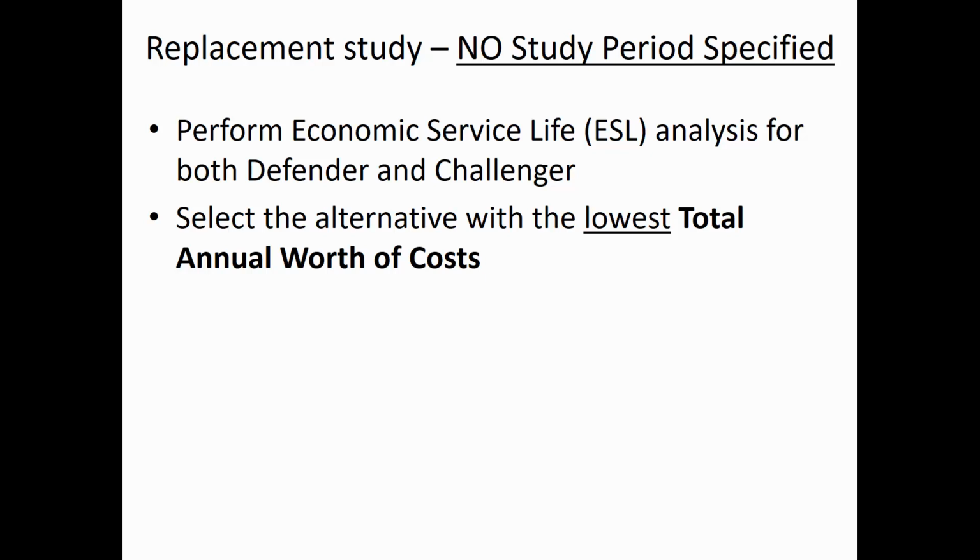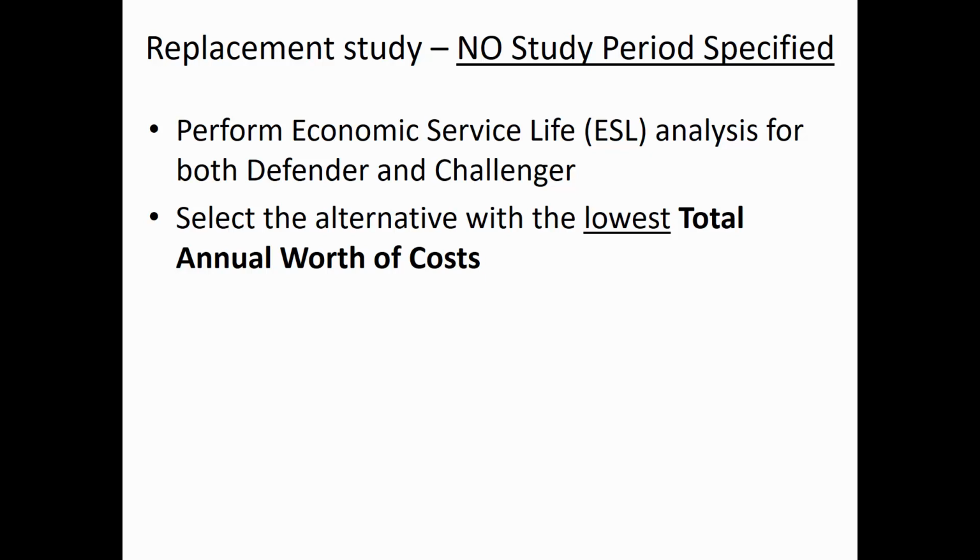For benefit cost analysis, the decision criteria is the alternative is acceptable if the benefit cost ratio is greater than 1. In incremental benefit cost analysis, if the incremental benefit cost ratio is greater than 1, then you'd choose the more expensive alternative.